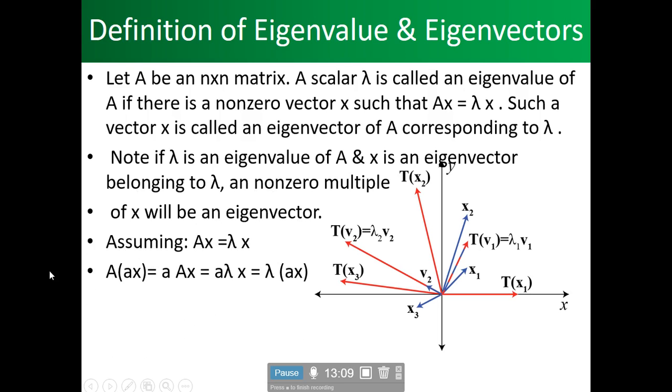Okay, so we want to rearrange this equation here. Just taking a constant outside from the x, we can take it all the way out. So now we're going to compare this to lambda x, and so we get lambda times Ax. And so since we have a times Ax, that's this constant times that vector.